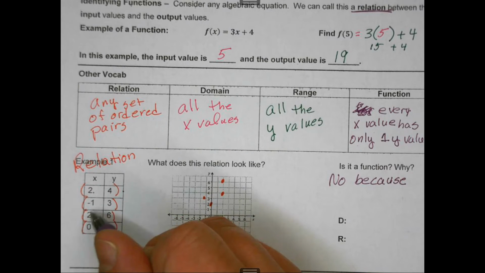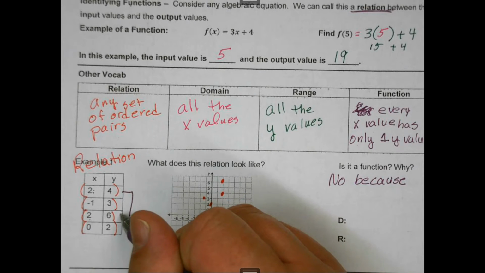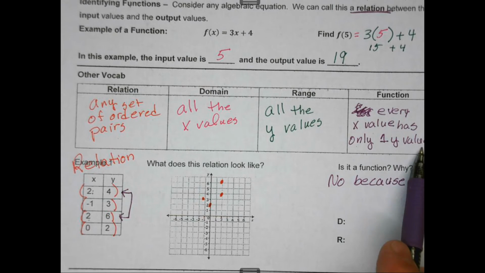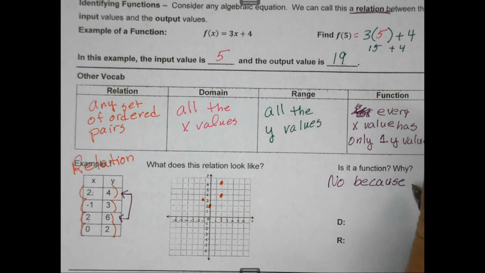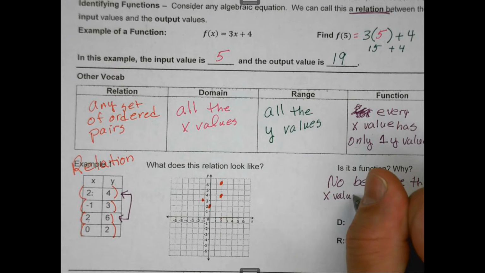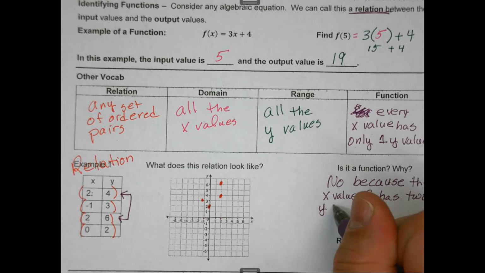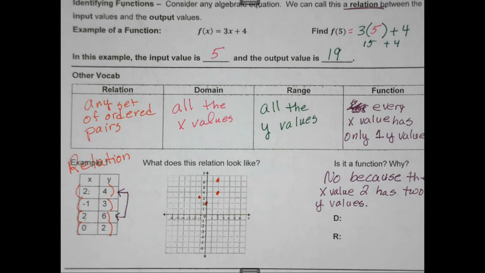I have x equals 2 here and here, and they have 2 different y values. Remember, every x has to have only one y value. So here, it is not a function because the x value 2 has 2 y values. Not a function.